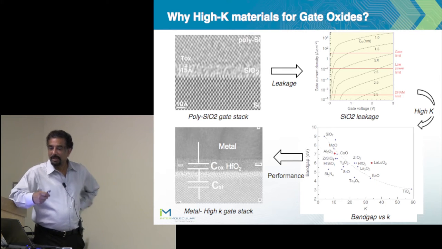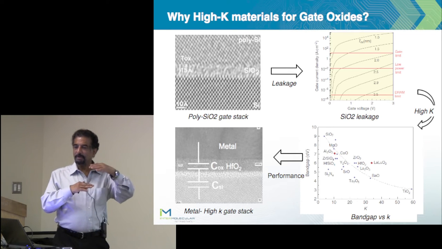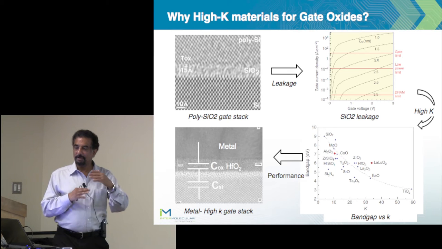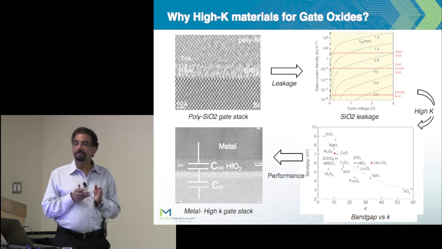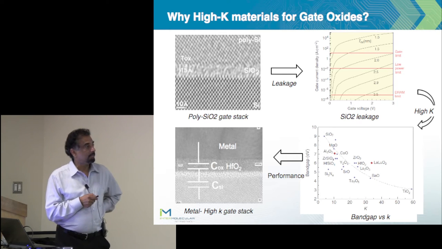As I said, you probably heard from some of the device talks, it was also about lateral scaling, and scaling of the gate oxides was a big factor in continuing to shrink the transistors and still maintain the performance.